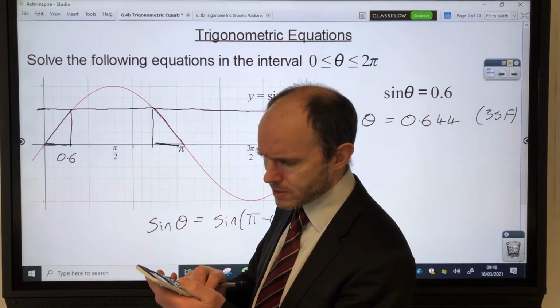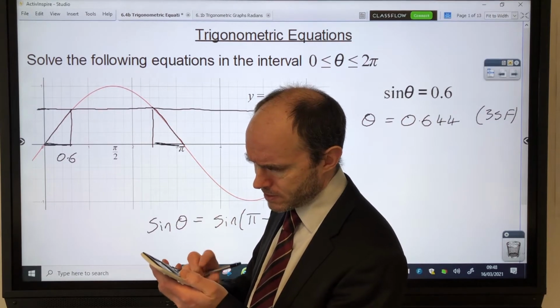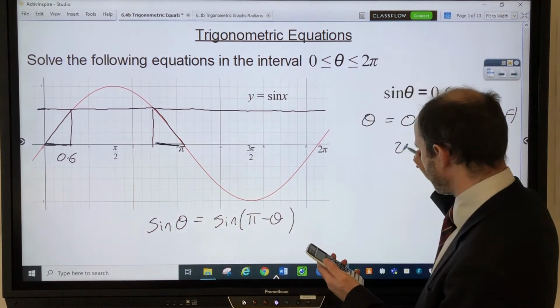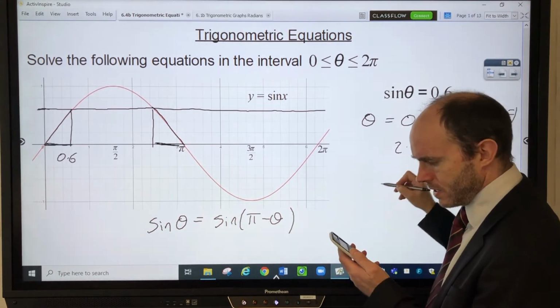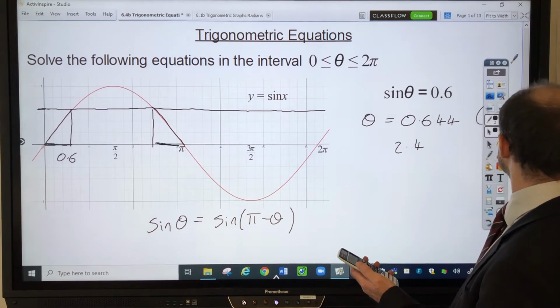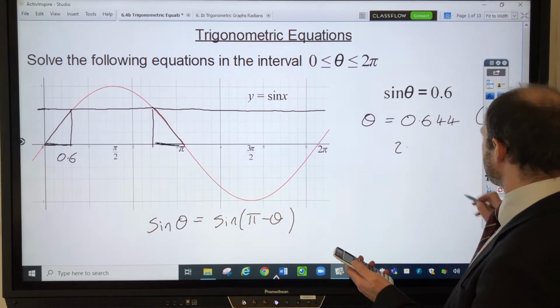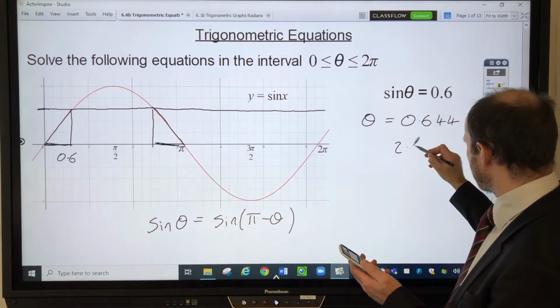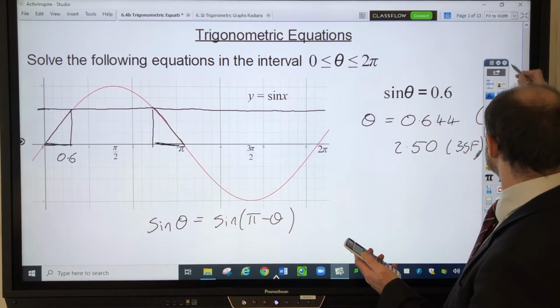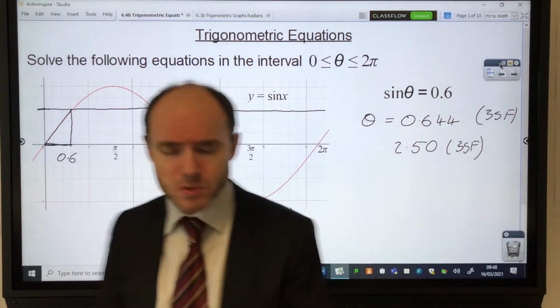Pi subtract that answer gives 2.498, which rounds to 2.50 to 3 significant figures. Happy with that? Good.